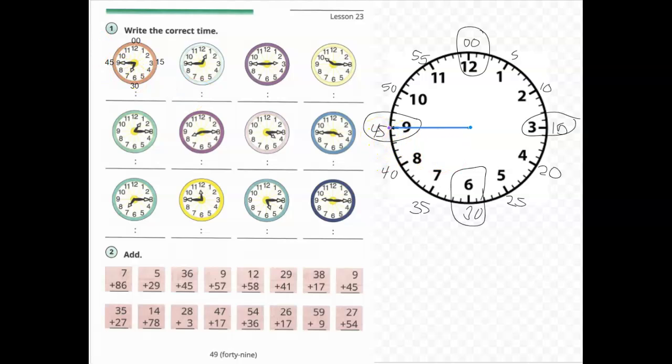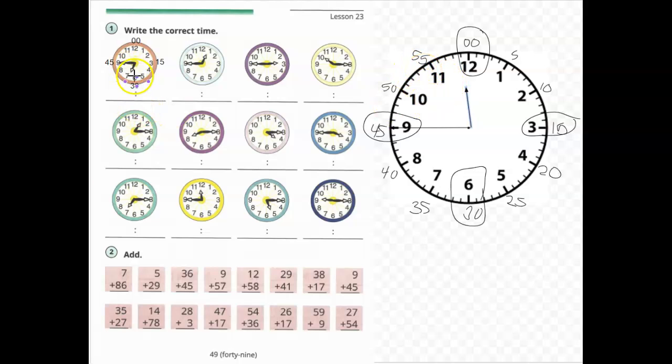Now what we need to remember is our hour hand is the short one, right? And it'll look, so like this is our hour hand. It'll look like it's almost to that 12, but it's not there yet. Okay, it has to get all the way to the 12 in order to be 12. Until then, it's still 11.